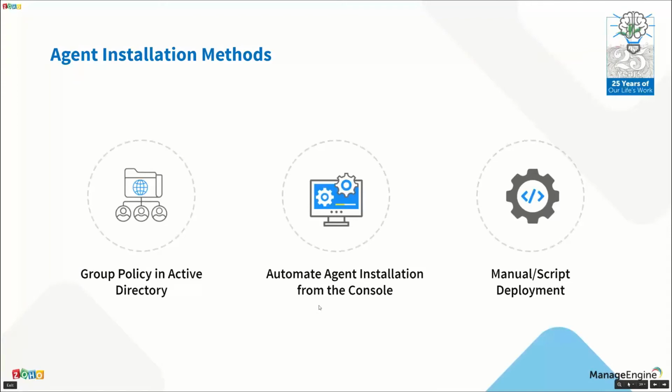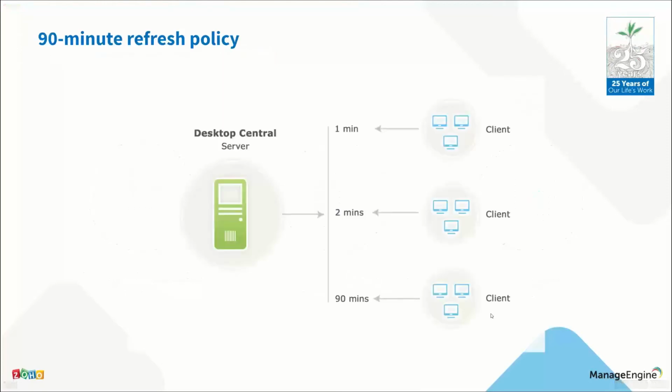You can push the agent on demand silently to a managed computer, or have the agent deployed automatically to any newly added domain joined computers. If you would rather use an image to deploy the agent or use a script or manual methods, that is also possible. So do get in touch for the complete installation method details.